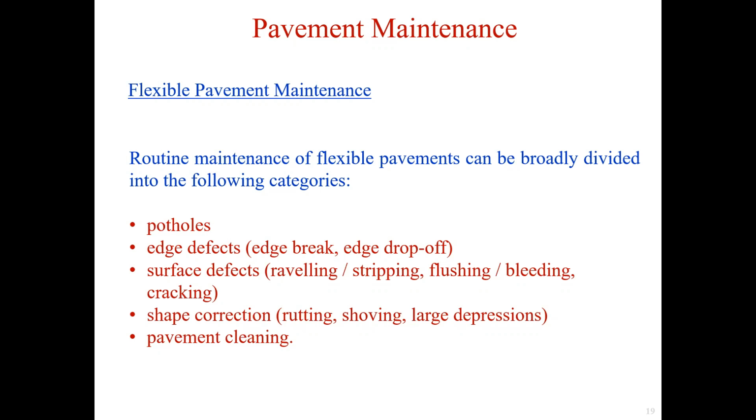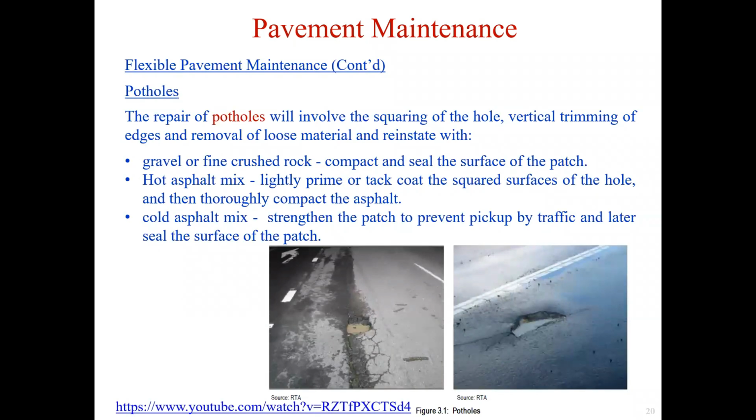More extensive minor surface defects usually require resurfacing, whereas more extensive pavement or subgrade failures may require rehabilitation or reconstruction. Many defects result from the presence of excess moisture in the pavement surface layers or subgrade. So one of the most important functions of surface maintenance is to prevent water reaching or remaining in the pavement.